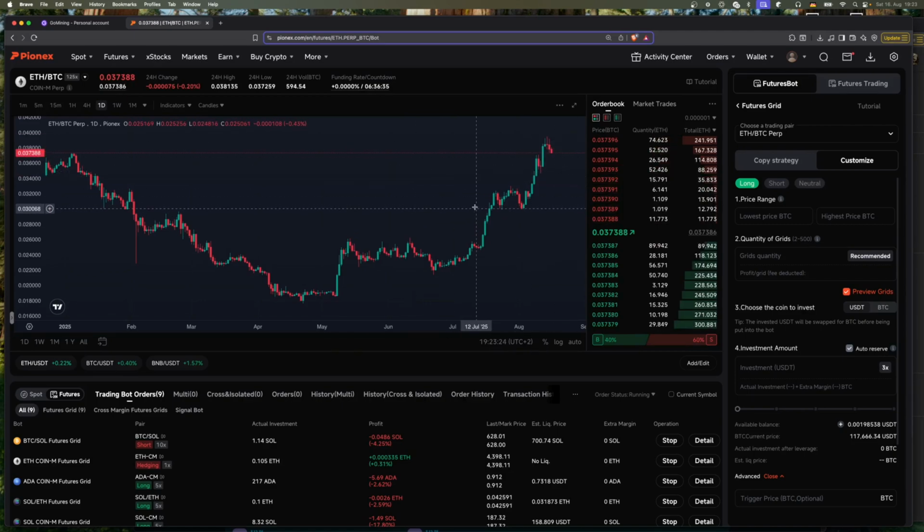When you start a BTC growth bot, it is exactly trading this pair. So what is the difference here? The difference is that it's trading not Ethereum to USDT, but Ethereum to Bitcoin. So this chart rises when Ethereum rises in strength compared to Bitcoin, and drops the other way around.